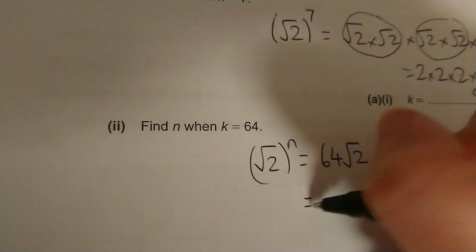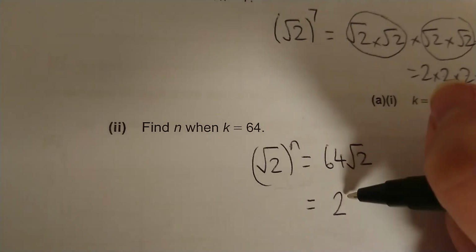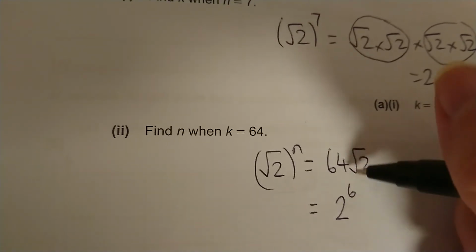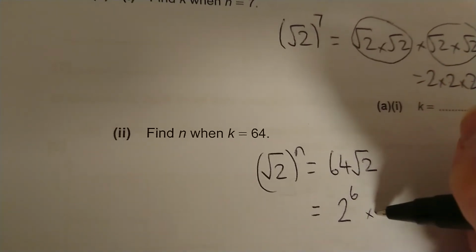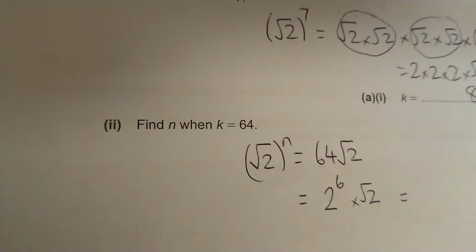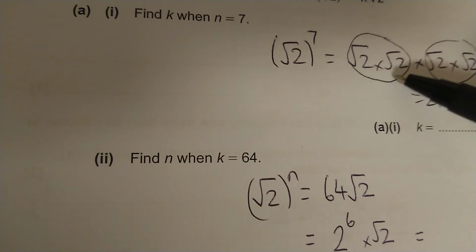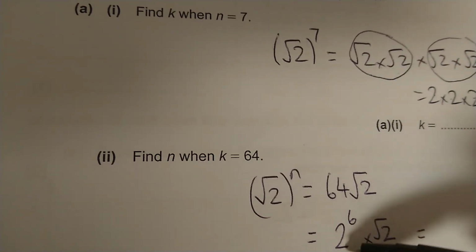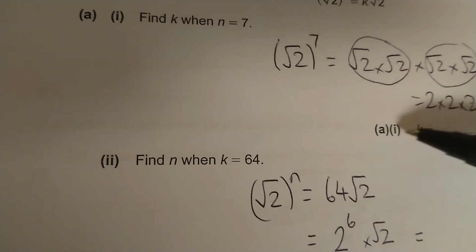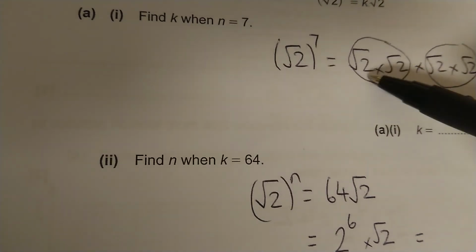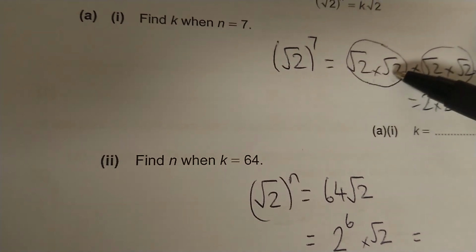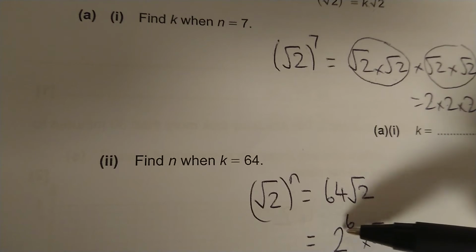So 64 is 2 to the power of 6, isn't it? So 2 to the power of 6 times by root 2. Then we said up here that to make 2, it's root 2 times root 2. So for every one of these 2's, I would need 2 root 2's, because when a root 2 times by itself, you then get the 2.